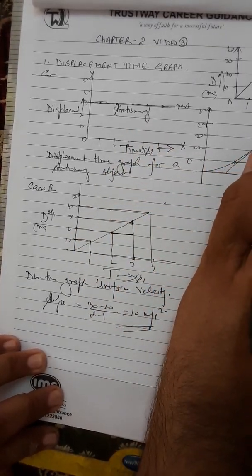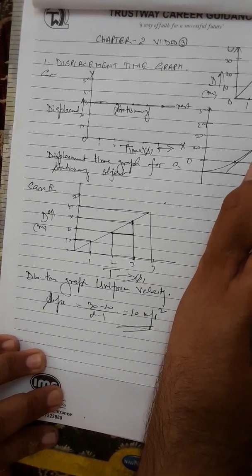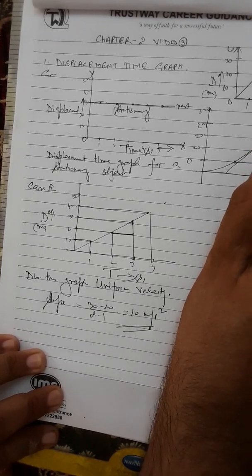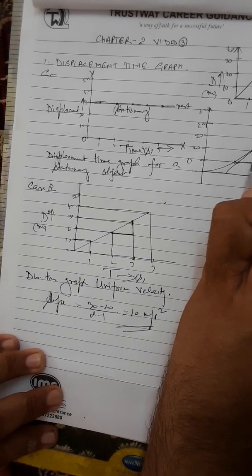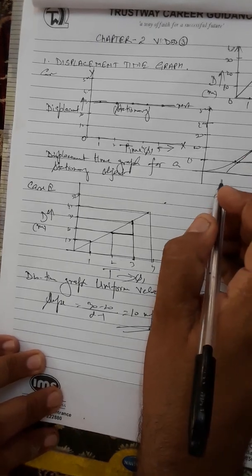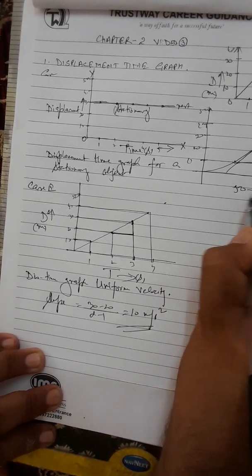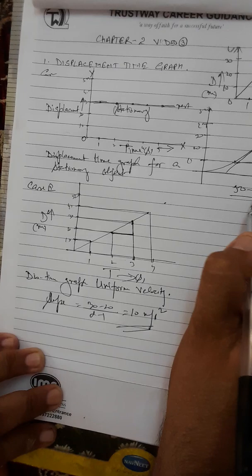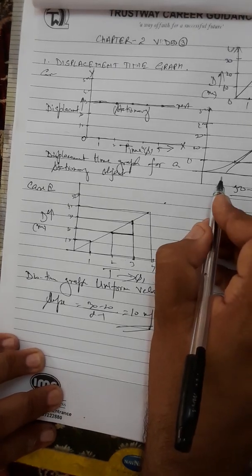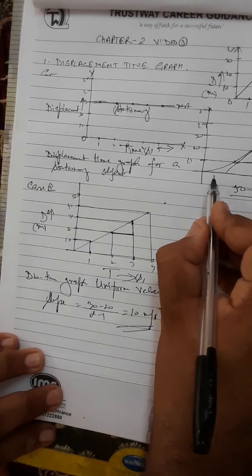It has reached up to 50. So the slope will be 50 minus 10, and time, how many seconds did it take? 7 seconds.